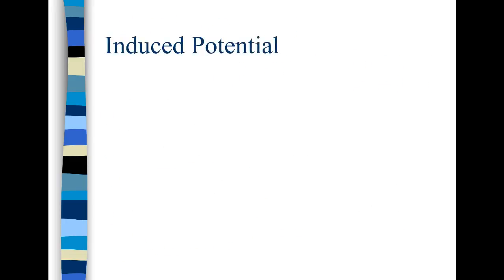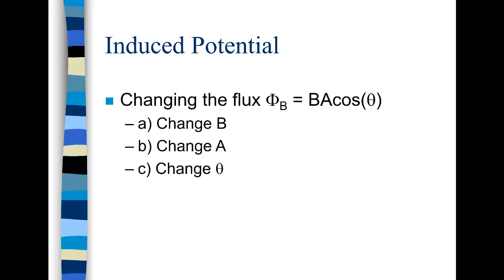So how do you get an induced EMF? You have to change one of three things. Because the flux is made up of the magnetic field, the area, and the angle, there are three ways to do this. You can change the magnetic field, you can change the area, or you can change the angle. Most of the time the angle is fixed, so we're not going to be looking at that at the moment.